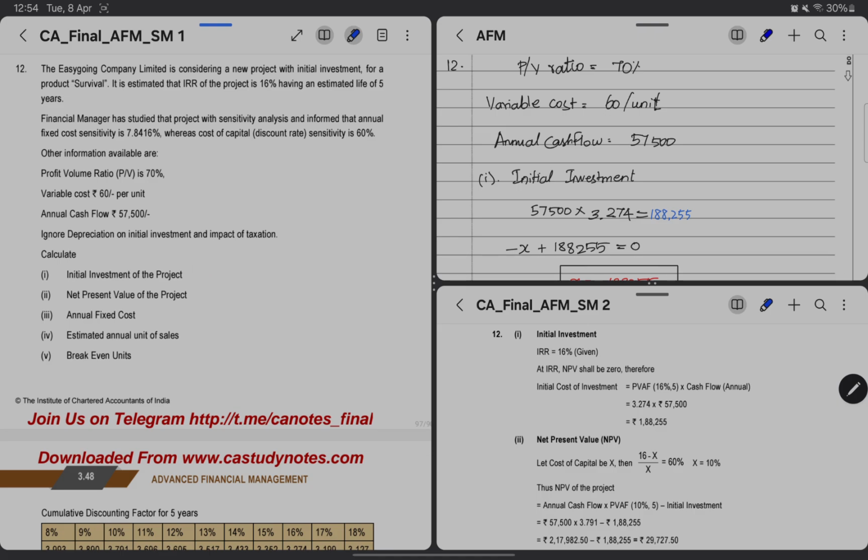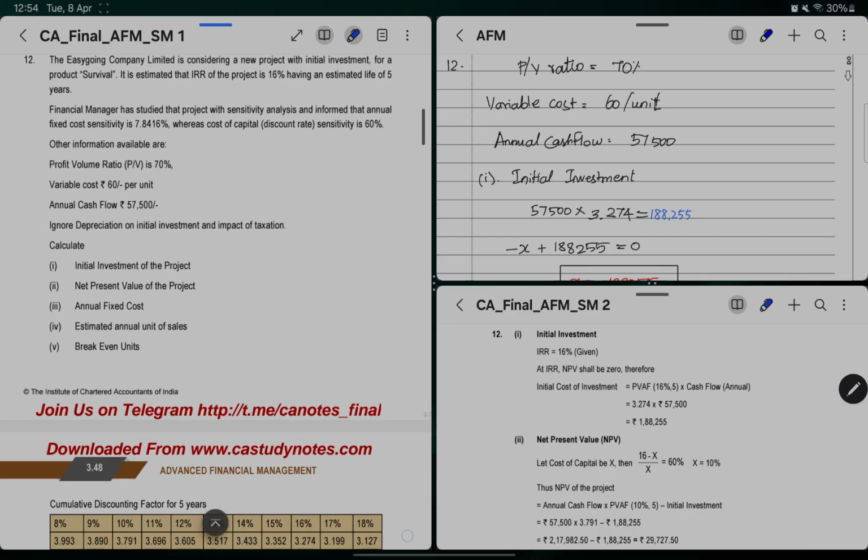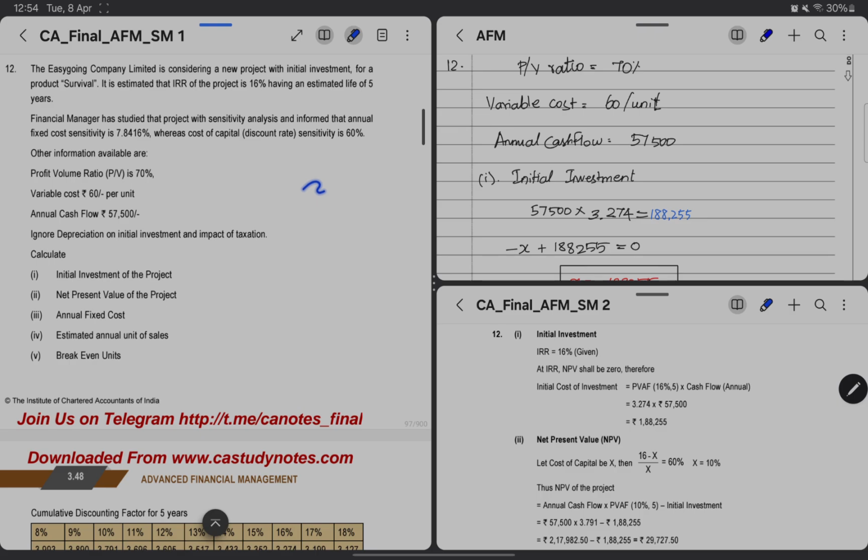project. Since we have the annual cash flows, we know that the initial investment will be a negative value, then annual cash flow, then multiplying with discount rate, we will arrive at NPV.